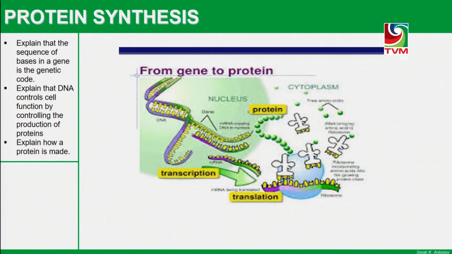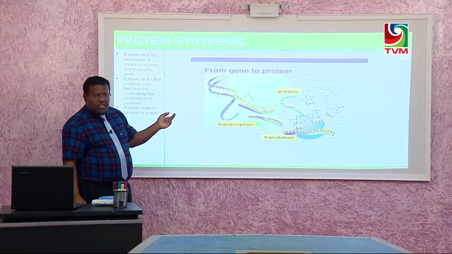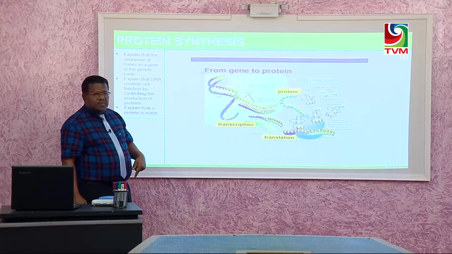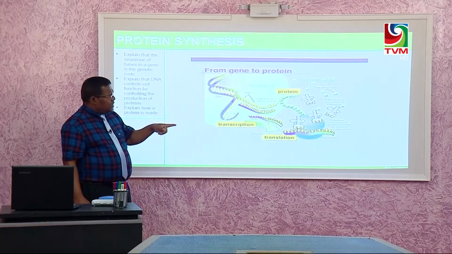So this happens within the nucleus of the cell. So formation of mRNA or messenger RNA takes place within the nucleus of the cell. From there, the messenger RNA moves out into the cytoplasm. And this copying down process is known as the transcription. And the messenger RNA that leaves the nucleus reaches the cytoplasm and gets attached to the ribosomes.